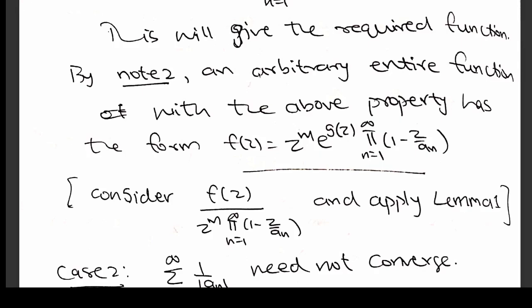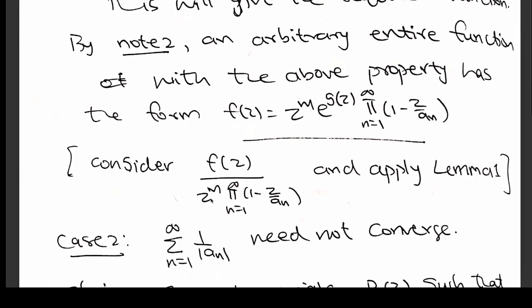Now, how does the general form look? By note 2, we have already observed that an arbitrary entire function with the above property has this form. This is easy to prove. Suppose f(z) is an arbitrary entire function with zeros exactly at 0 of order m and at the a_n. Then you consider the ratio f(z) by this.